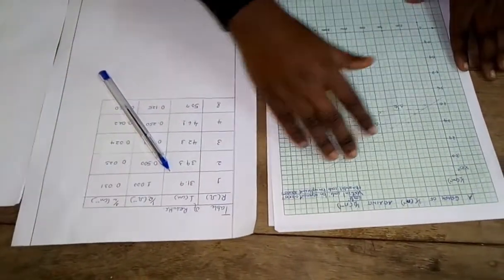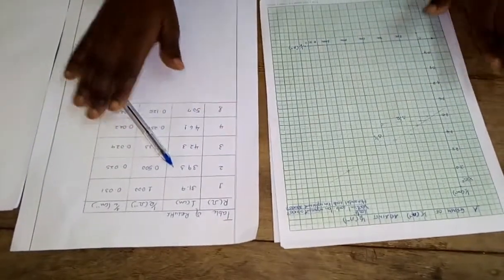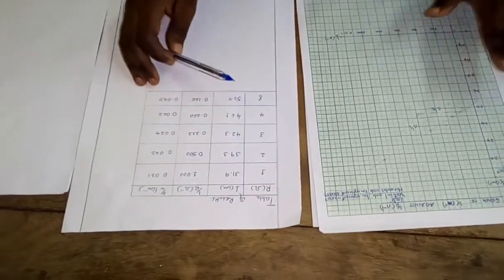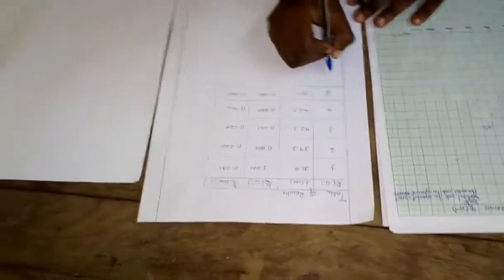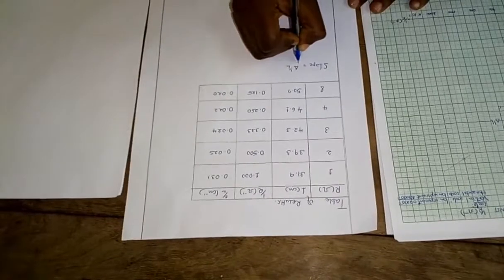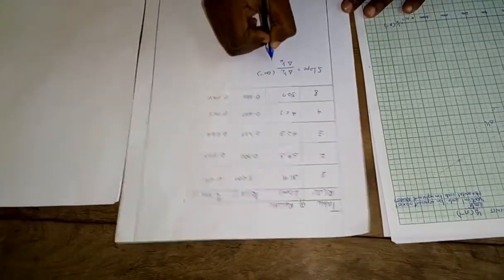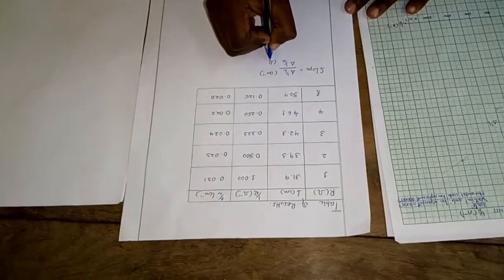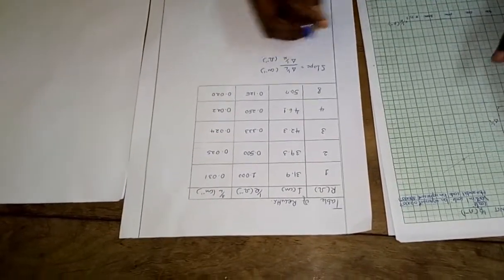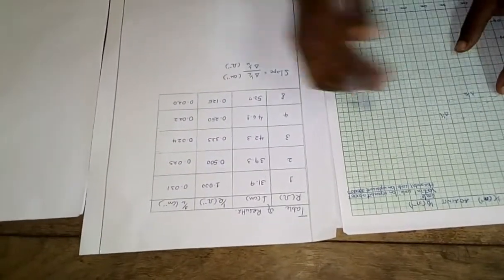Then when you draw a graph, make sure there is a slope indication, and from there I'm going to determine the slope of my graph. Make sure you take into consideration the points which you have chosen from your slope indication.